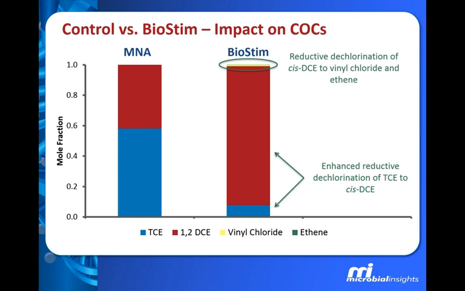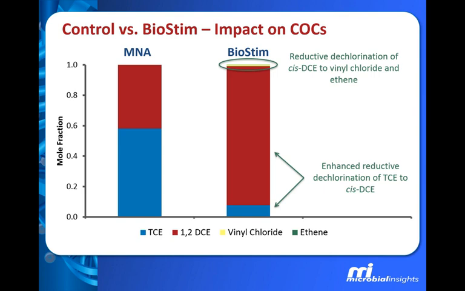So here we're comparing the COC results from the COC sampler in the MNA in situ microcosm and the biostimulation in situ microcosm. As you can see, in the absence of an electron donor, we're detecting both TCE and 1,2-DCE as expected.